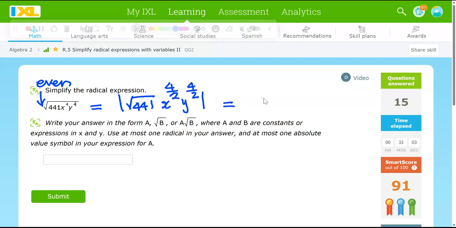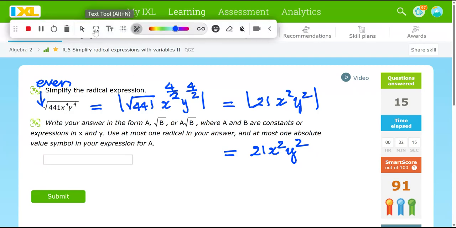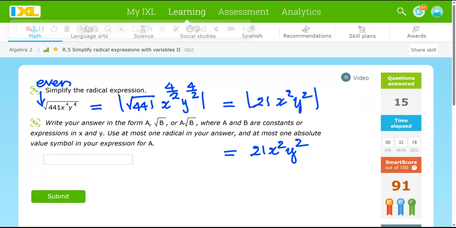So I come out with the absolute value of 21, x squared and y squared. All of these, 21, x squared, y squared, are always positive, so I leave it outside. So 21 x squared, y squared.